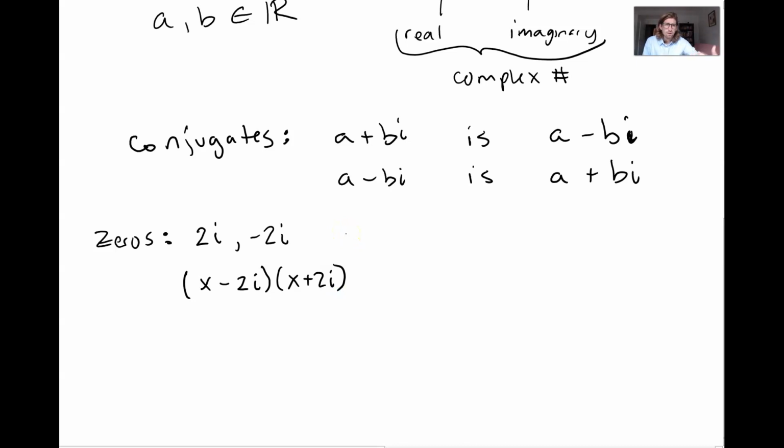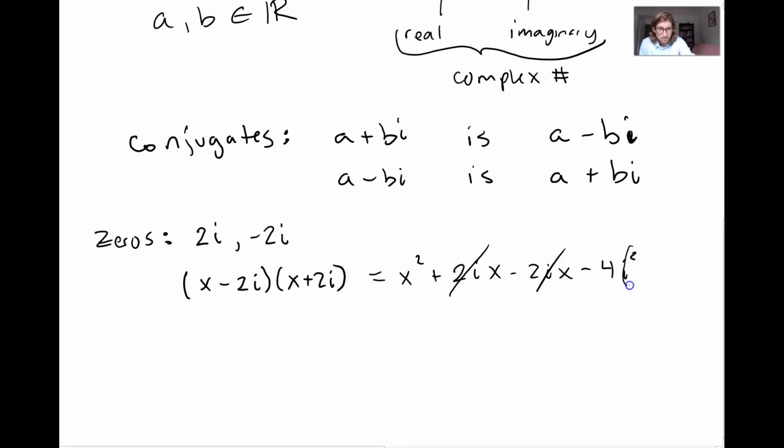And you might be thinking, well, why don't we see i's ever in our polynomials with this stuff? If you multiply this all out, we get, what do we get? We get x squared plus 2ix minus 2ix minus 4i squared. You will notice that the parts with just i always cancel with these conjugates when we multiply them together.